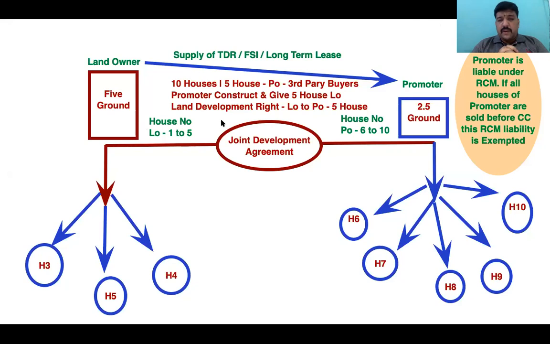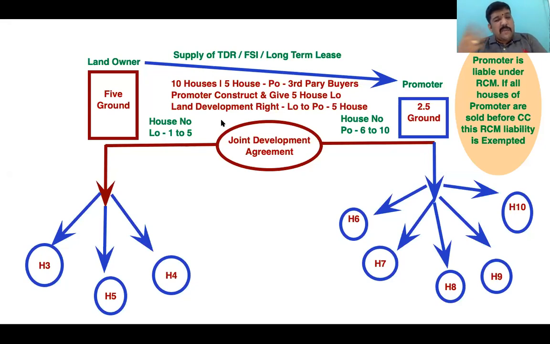I never used the word commercial. A development like this can also involve construction of a commercial property. If it is a commercial property, the exemption that we read is not applicable. The exemption is applicable only if it is a residential property. Here we read RCM, transfer of a development right, transfer of FSI from the landowner to the promoter. RCM is applicable, no doubt.